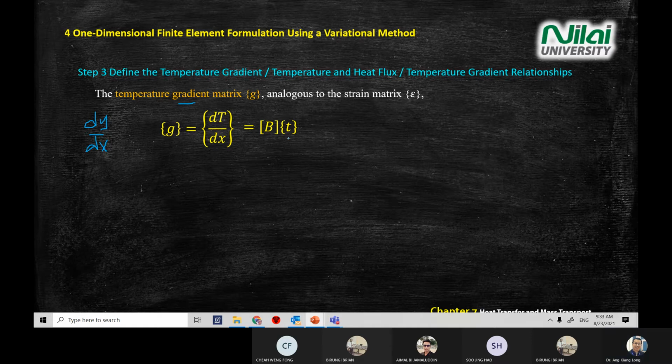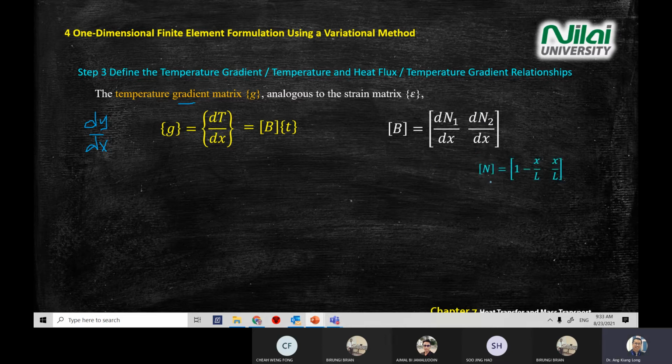So what is the B matrix? The B matrix is where you differentiate N1 over x and N2 over x. Just remind yourself what the N is: N is 1 minus x over L, this is your N1, and x over L, this is your N2.